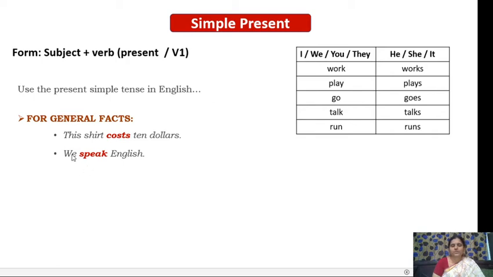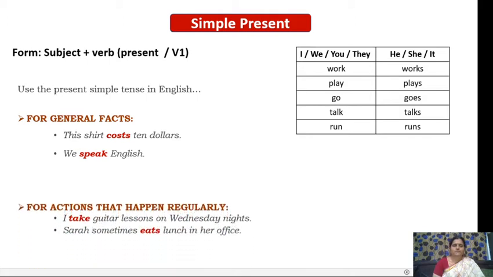So we are using first person plural here and the V1 form of the verb. So we speak English. This is the form of the simple present tense. Usually we get a subject and we get the verb, that is the V1 form. So we have a subject here, we, and the verb V1, that is speak. So to express general facts, we use simple present tense.